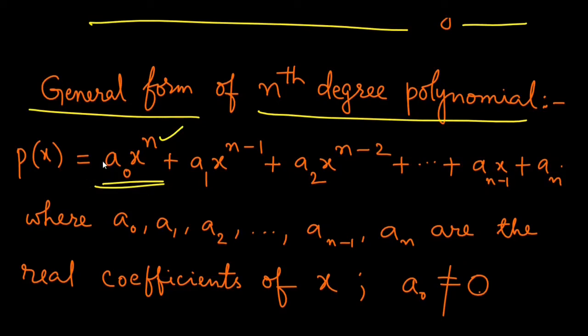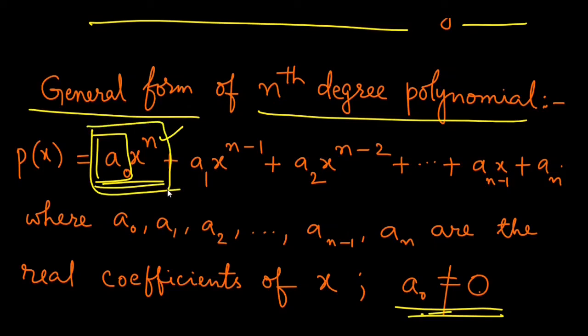The coefficient of the nth degree term should not be 0. The coefficient here is a subscript 0. This should not be 0. If a subscript 0 becomes 0, then we should not have this term in the polynomial and the degree of polynomial will not be n.